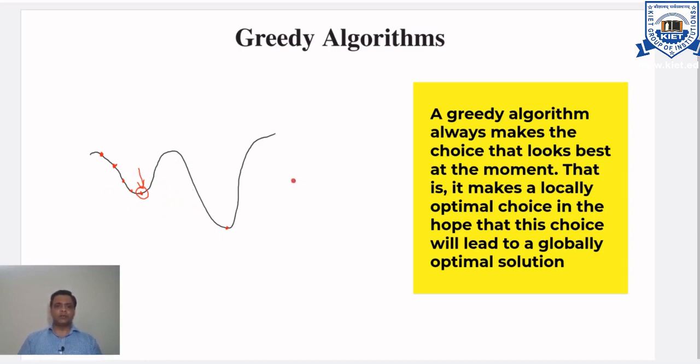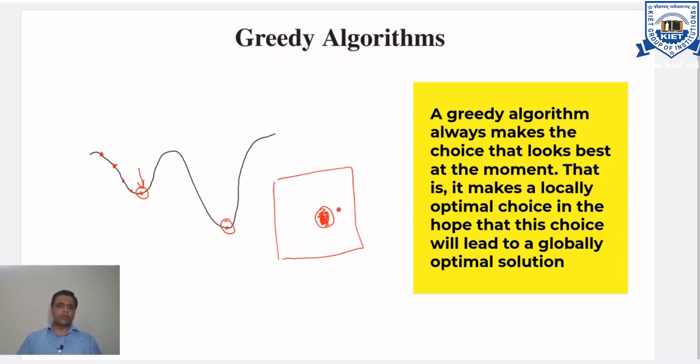Let's say this is the solution domain, and your exact solution is here. If you are solving some problem through a greedy algorithm, it's not necessary that you would reach there. You could reach this point, as the actual solution was here, but you were stuck right here.